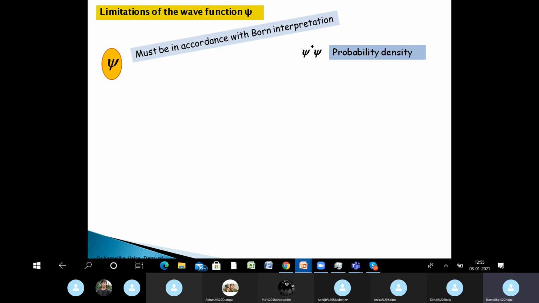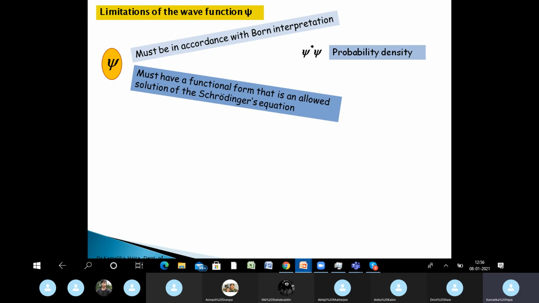The moment we take psi star psi, that is a real function and it gives us the probability density, the probability of finding the particle within a given interval. Okay, so whatever be the form of psi, it must be in accordance with Born interpretation, and it must have a functional form that is an allowed solution of the Schrodinger equation.